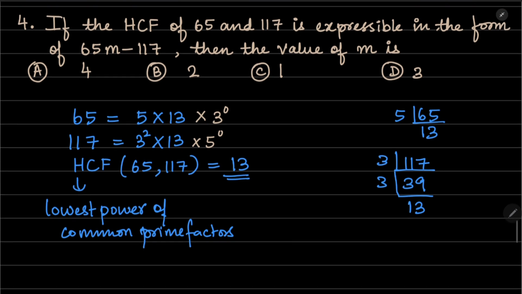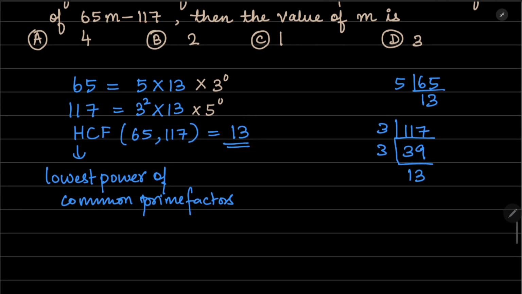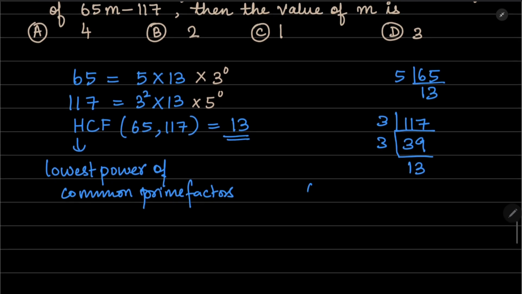What are you asked? If the HCF of 65 and 117 is expressible in the form of 65m minus 117, then you have to find the value of m. So this expression is equal to 13. Let's do it. You are given 65m minus 117 equal to 13.